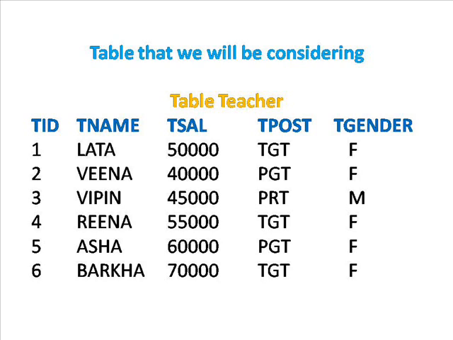TName is the name of the teacher. TSAL is the salary earned by that particular teacher. TPost is the post the teacher has in the school, that is TGT, PGT or PRT, and the gender is whether the teacher is a male or a female. We are going to consider only 6 records in the table.